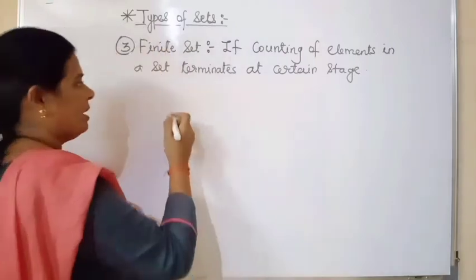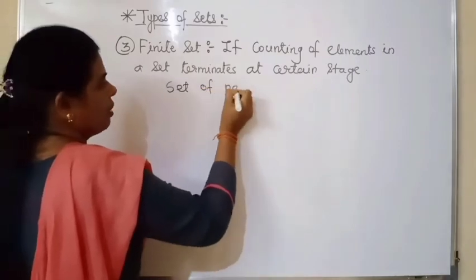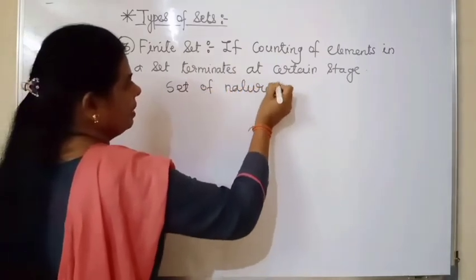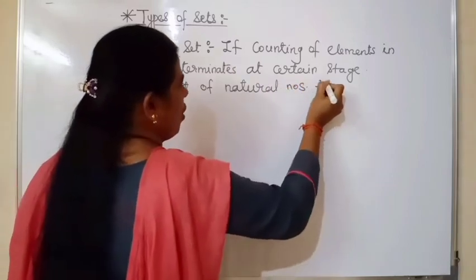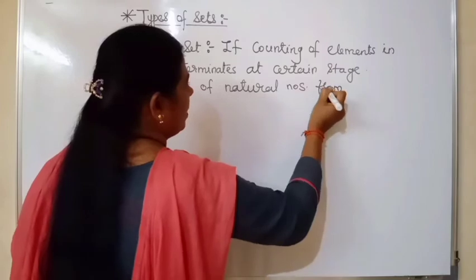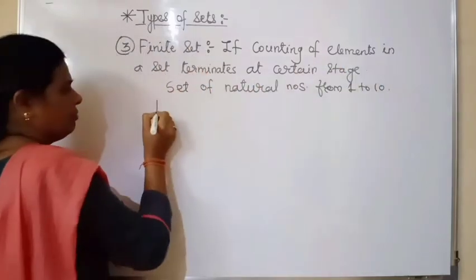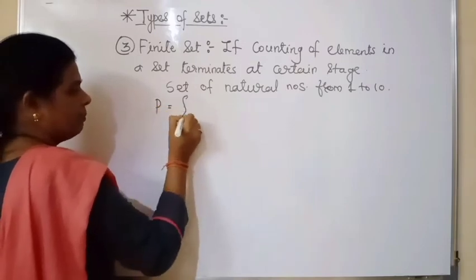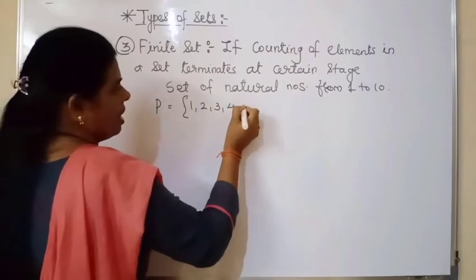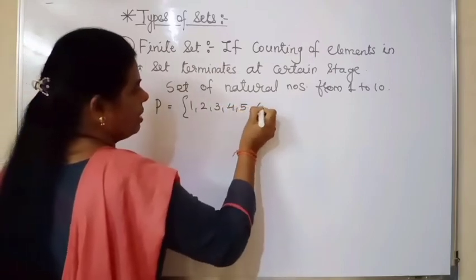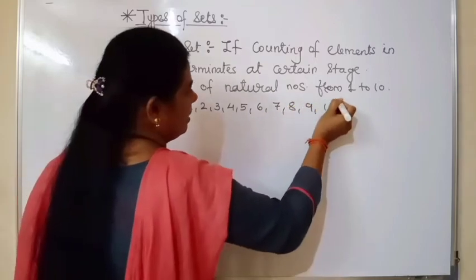So if you want to make a set of natural numbers, we'll just take one example: make a set of natural numbers from 1 to 10. I will give a name to the set, that is set P. I will write here all the elements from 1 to 10: 6, 7, 8, 9 and 10.